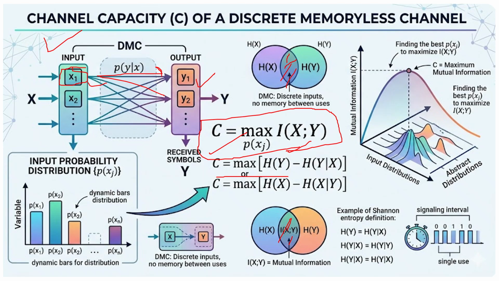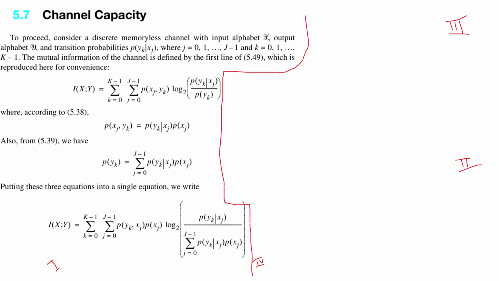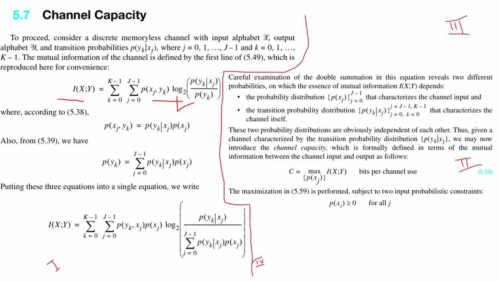So how will we find it? Here this is the formula. Already we have seen the mutual information, that is H(X) - H(X|Y). The maximum possible value will be the channel capacity. Here the same thing: I(X;Y) in terms of the entropy, that is p(x) and log of 1 over p(x). We have already seen how to find the mutual information, so the same equation we are going to use here.